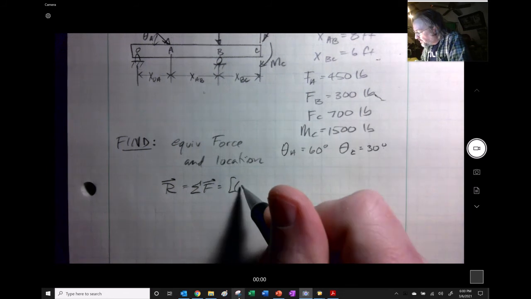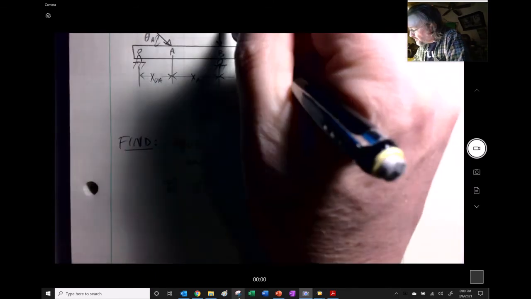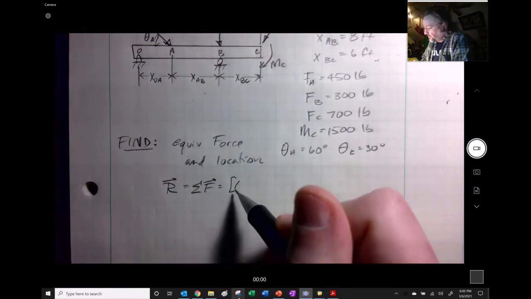So let's see. We're going to have, this is our 450, right? And that's our 300. And then this is our 700. All right.